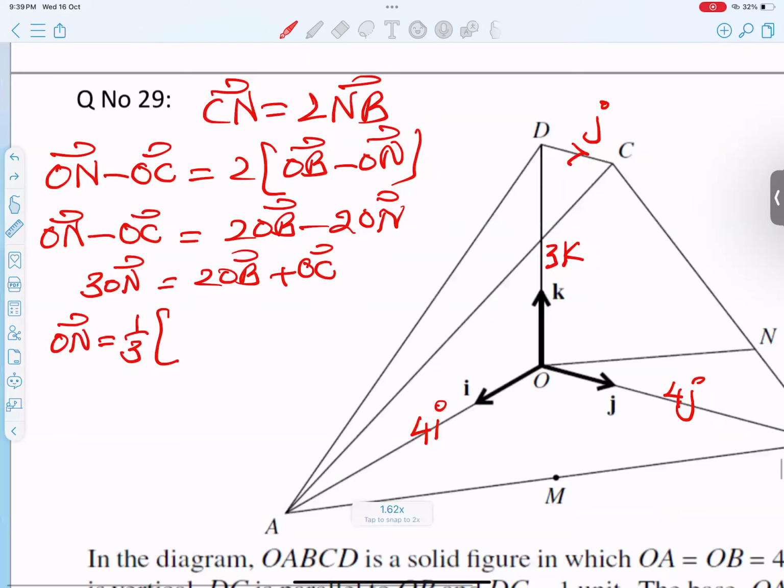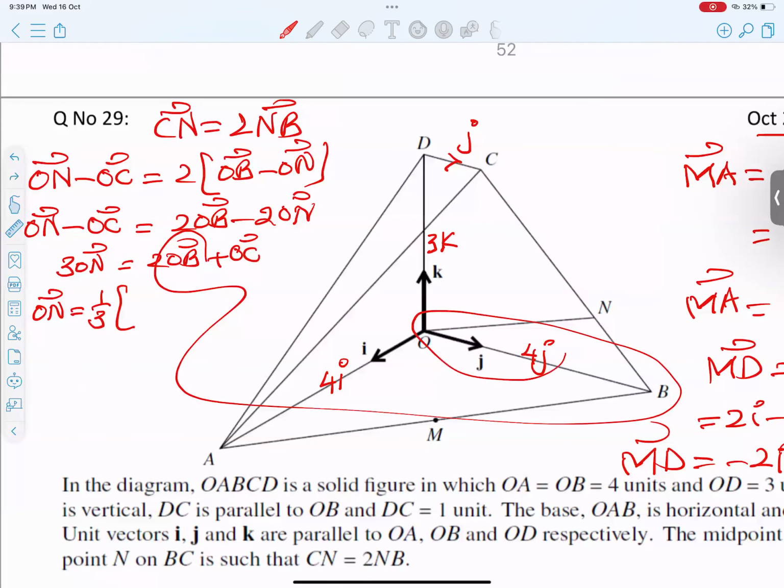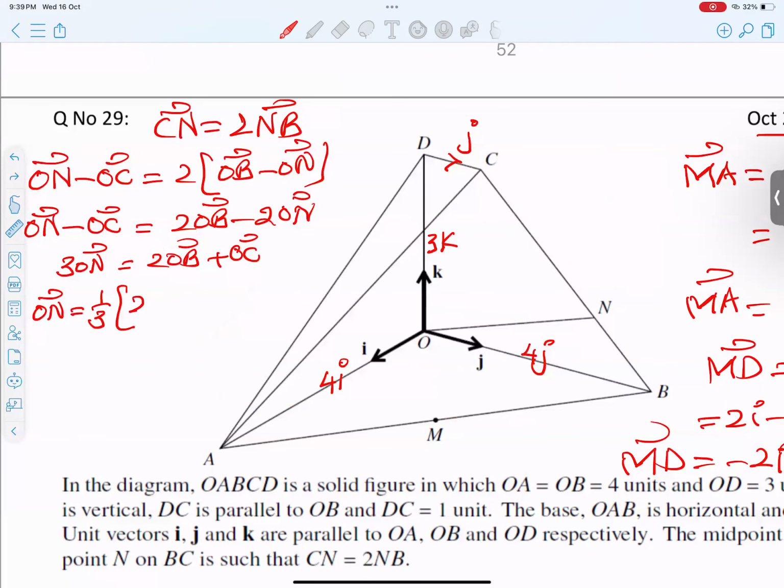What is OB? OB is 4j. So I'm writing here 2 times 4j. And what is OC? How to get OC? O to D, D to C: 3k and j. So I'm writing 3k plus j as the value of OC.